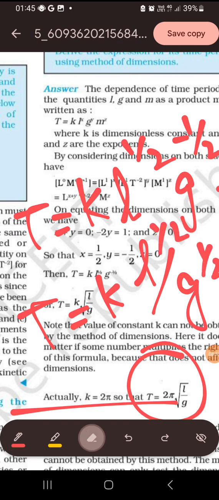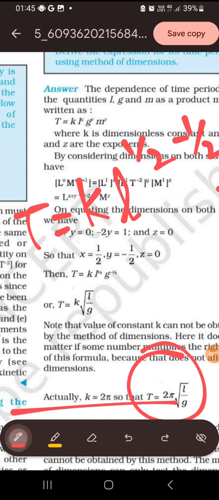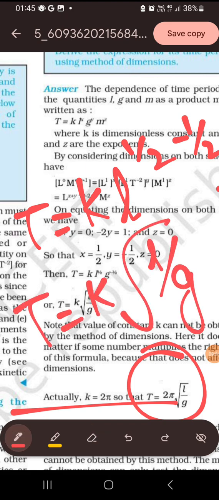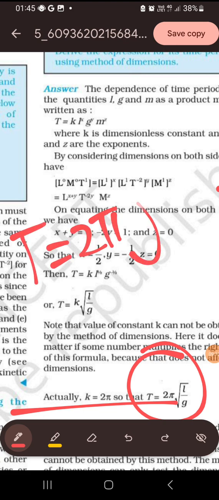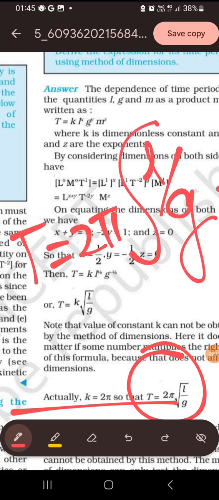So we can simply write T is equal to K root of L by G. K is a constant, so we can write K is equal to 2 pi. So we can derive the formula T is equal to 2 pi root of L by G. This is how we derive the formula.